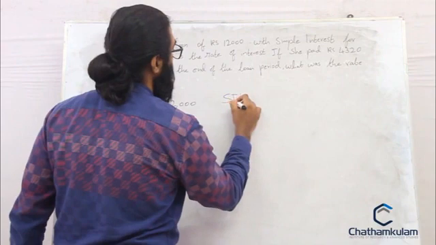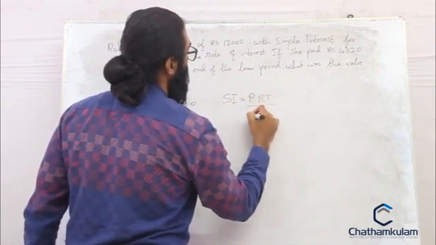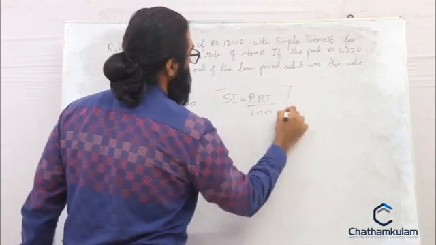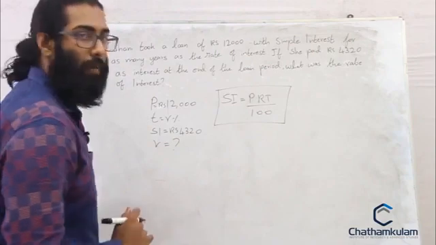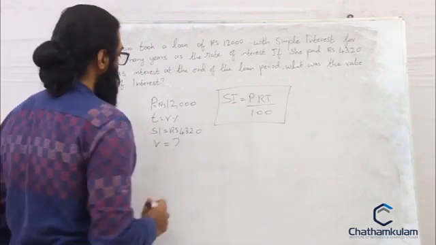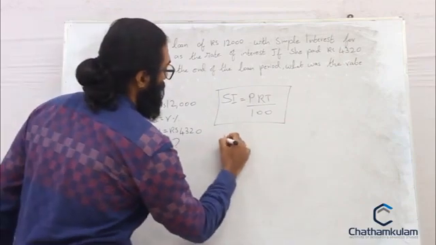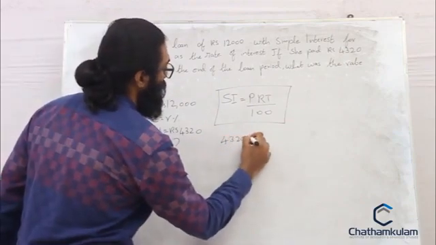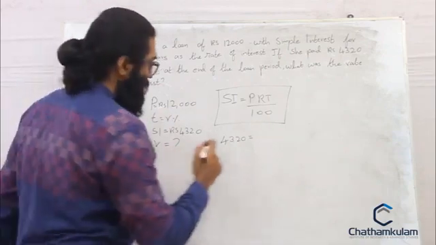So we have the formula SI equals PRT by 100. P is the principal, R is the rate of interest, and T is the time period taken. In the question it's given simple interest is 4,320. So 4,320 equals, what is P? P is given as 12,000.